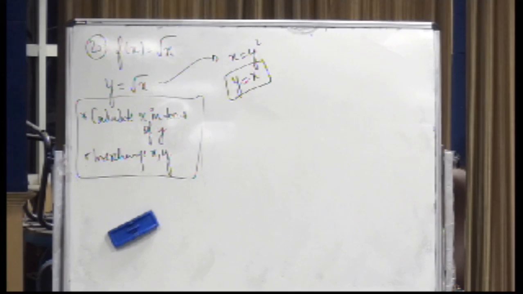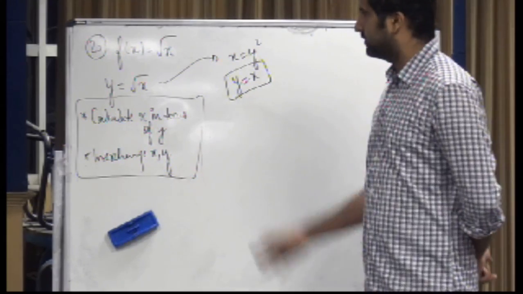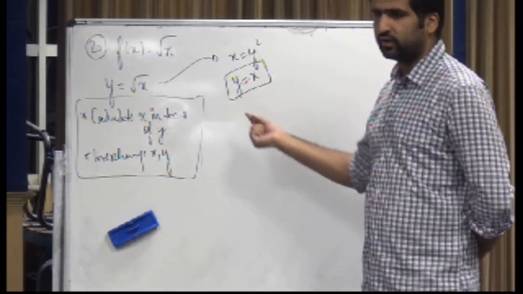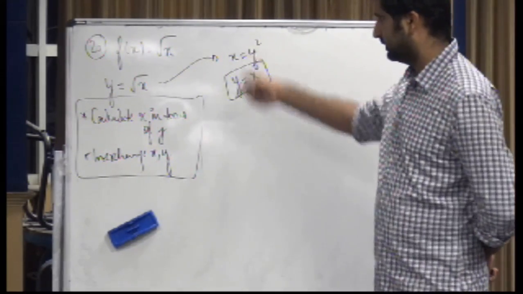Now these two are not inverse functions altogether because of their domains. For them to be inverse functions, there is one condition. We'll come to that later. Just try to make the graphs with the help of this fact.